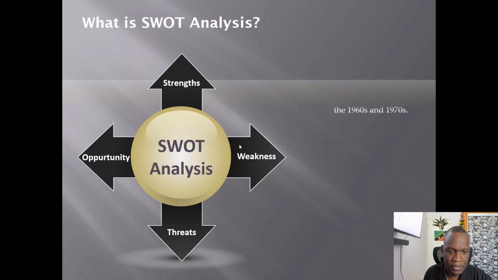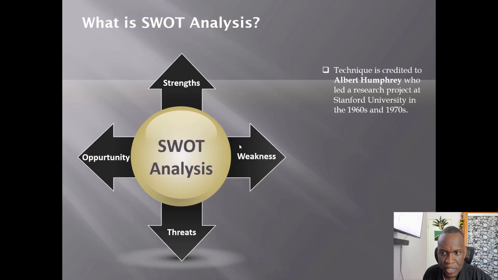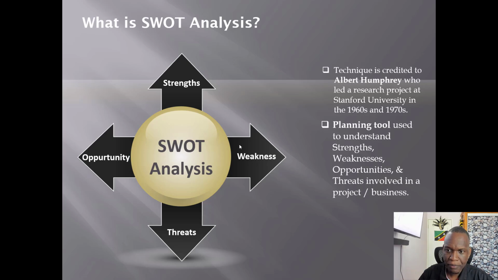So for the SWOT analysis, we already said what the acronym is about. It's a technique credited to Albert Humphrey, who led a research project at Stanford University in the 60s and 70s. So you see the genesis of the SWOT analysis right there. It's a planning tool used to understand strengths, weaknesses, opportunities, and threats involved in a project or a business.